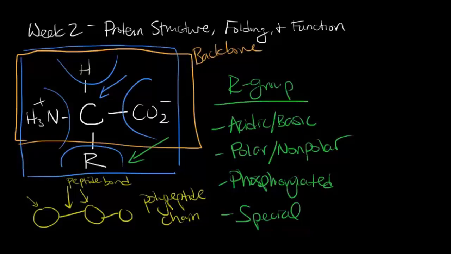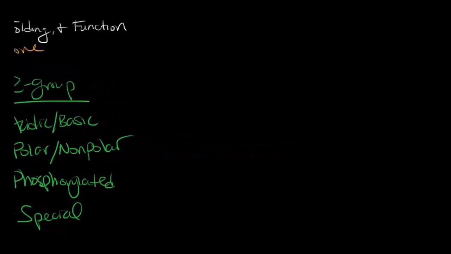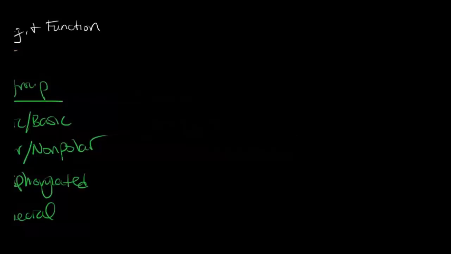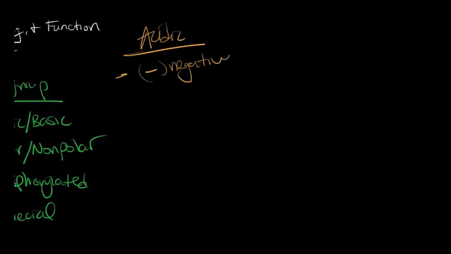So with the R groups, let's talk about the acidic ones first. Acidic R groups are the ones that will have a negative sign in the actual R group.